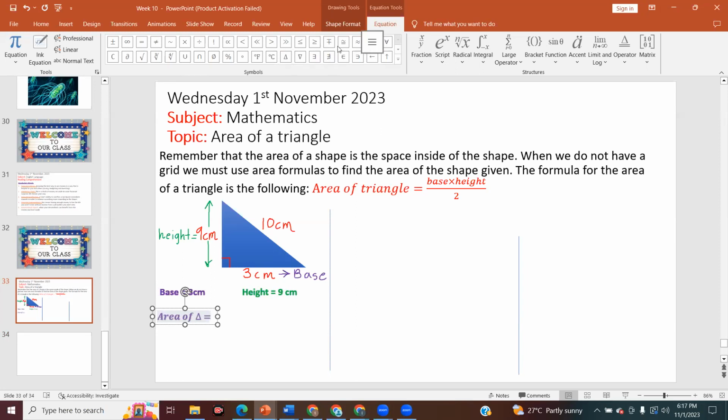Base times height. 27. That's 27, right? Centimeters squared. Stop cheating. All right, so it's going to be the base multiplied by what? The height.